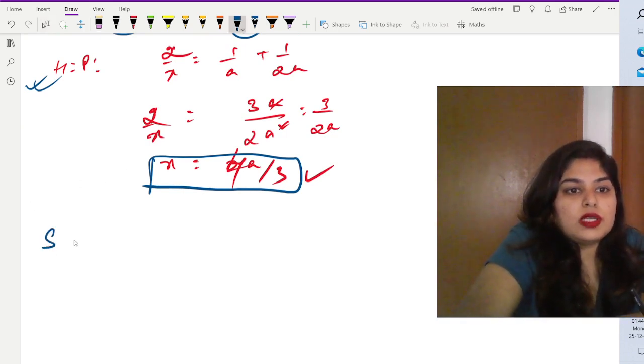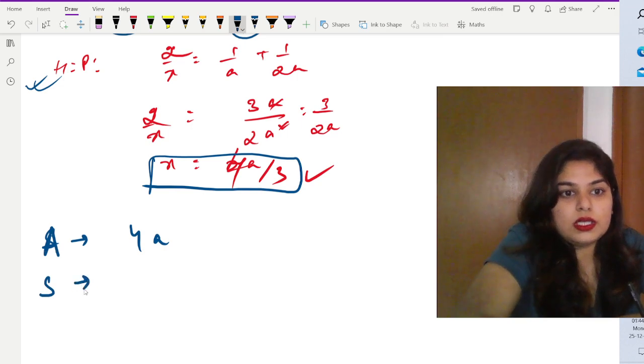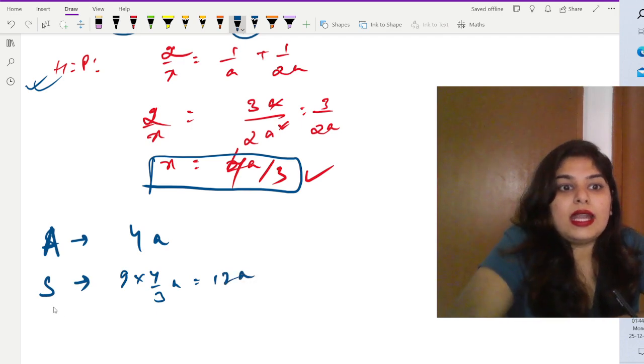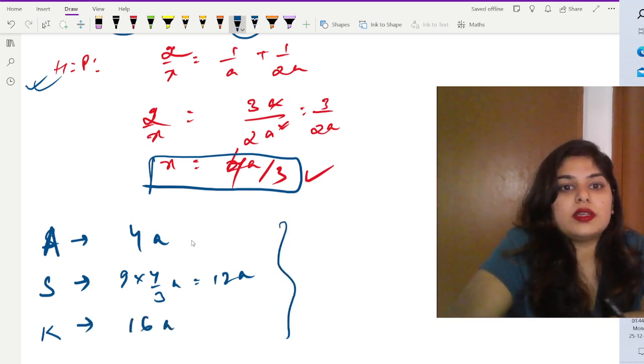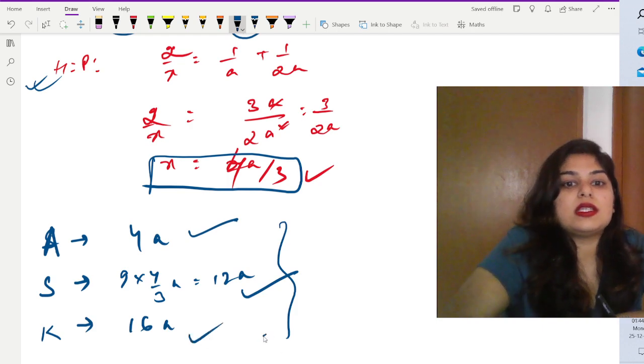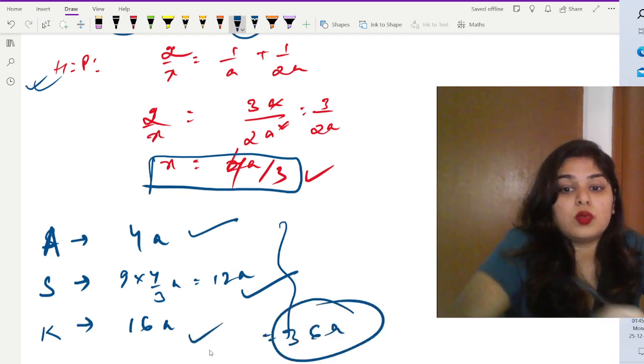Anil worked for 4 days. Sunil is working for 9 days. So 9 into 4 by 3a is equals to 12a. And Kamal will need 16 more days to complete the whole work, right? So that is 16a. So what is the total work here? 4a plus 12a plus 16a is equals to 36a is the total work.